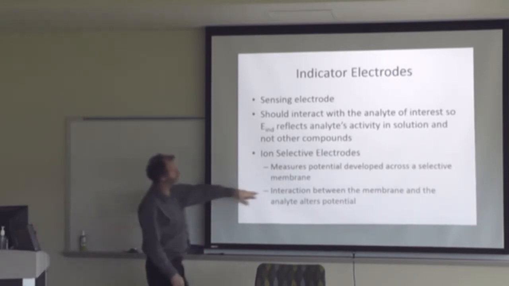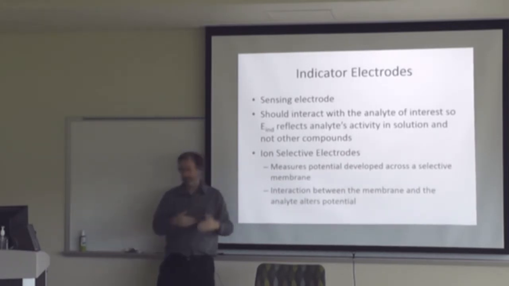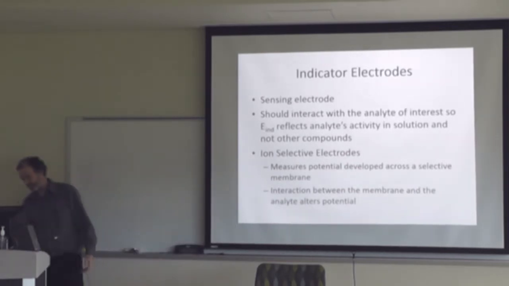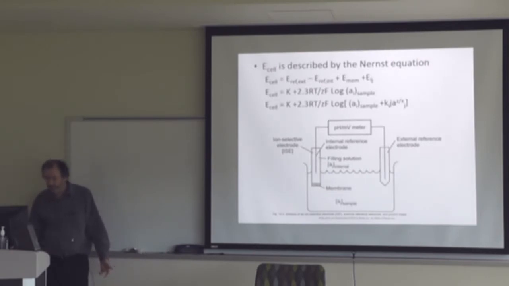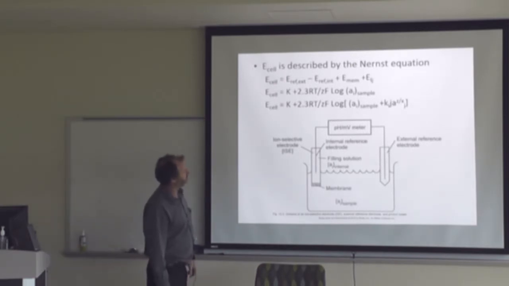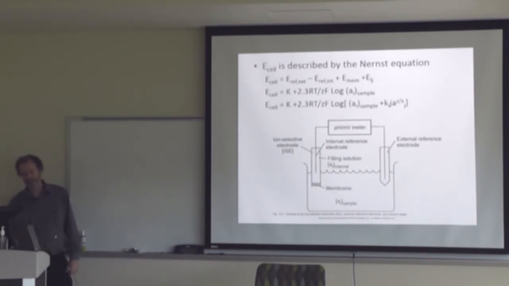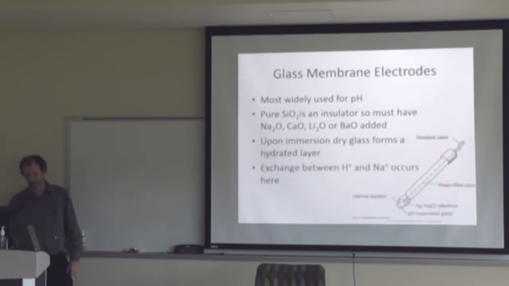The interaction between the membrane and the analyte will alter that potential. I think the first one we look at is our pH meters. Maybe not. This is just showing you concentration dependent calculations, but I'm not going to make you calculate the concentration with the Nernst equation. Well, I'll make you calculate concentrations in your lab, but not with the Nernst equation.